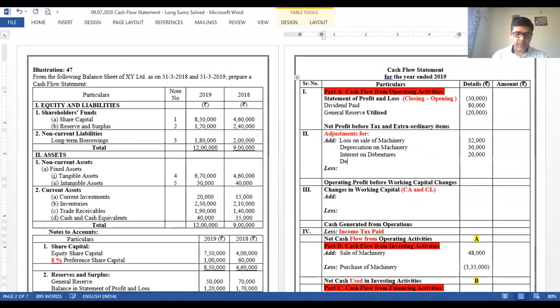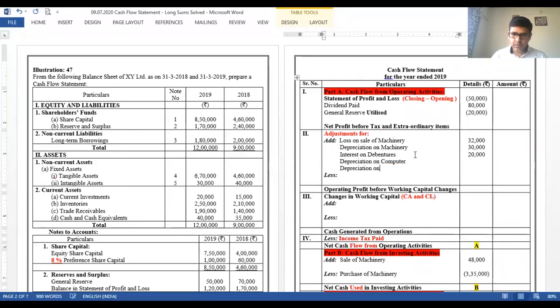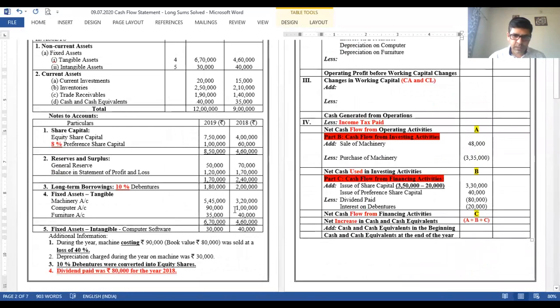Let us put it over there. Depreciation on computer, right? And next is furniture. The difference for computer was 10, furniture is 5. Let us check that again. Computer difference is 1 lakh and 90, okay 10, 40 and 35, 5.